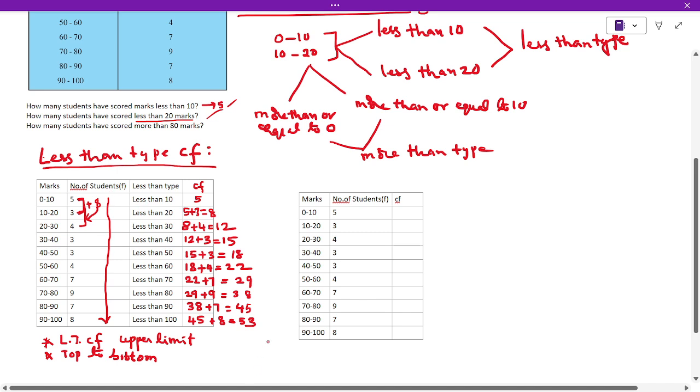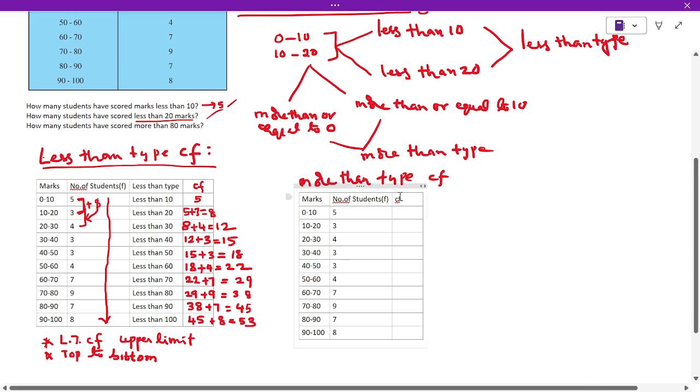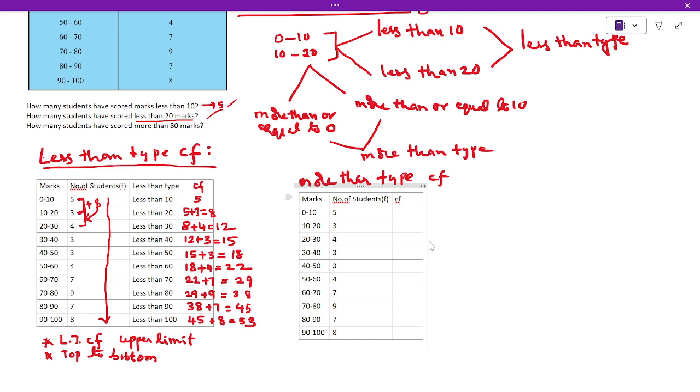Now let us move to the more than type cumulative frequency. Similarly here also, let me insert one table, so that it will be easy for us to understand.